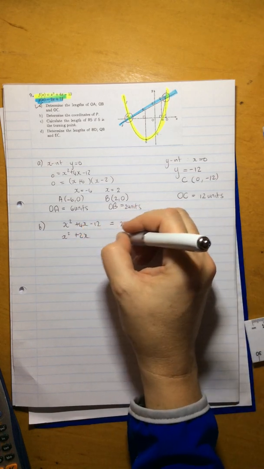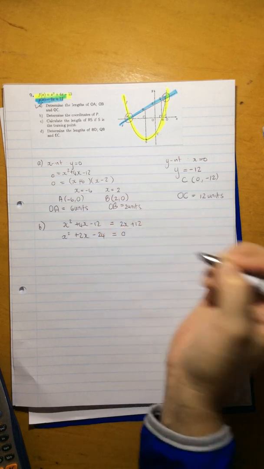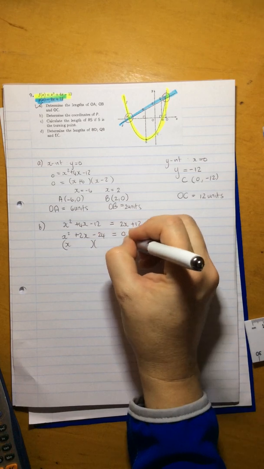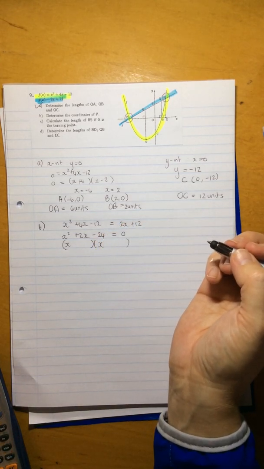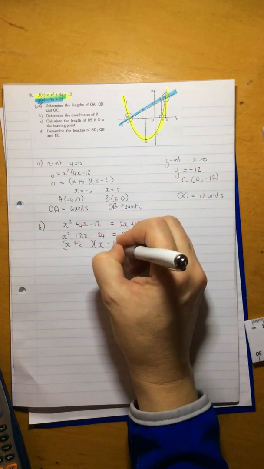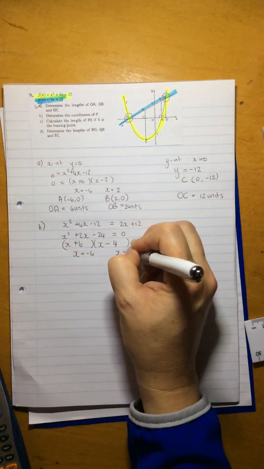Move everything to one side. That's going to give me minus 24 equals 0. Factorize it. So x times by x. And I need to get 2. So I'm going to use plus 6 minus 4. So x is negative 6 or x is 4.